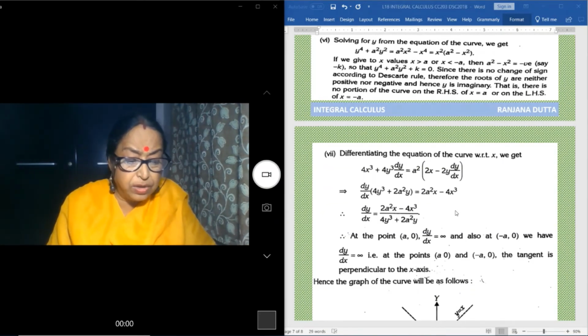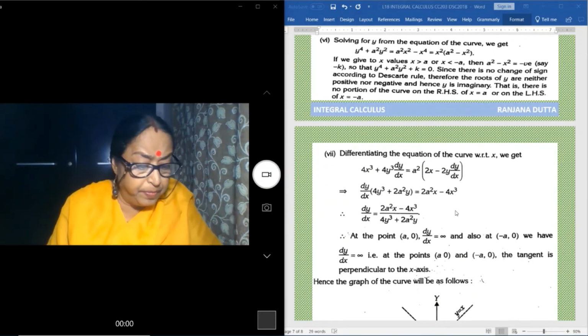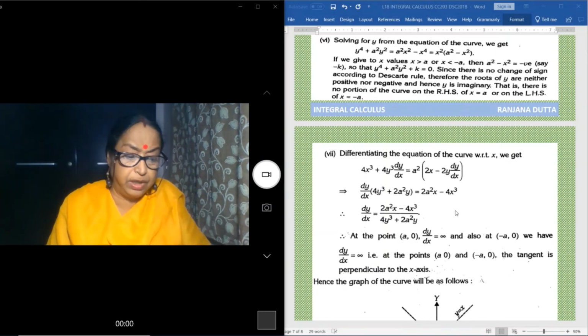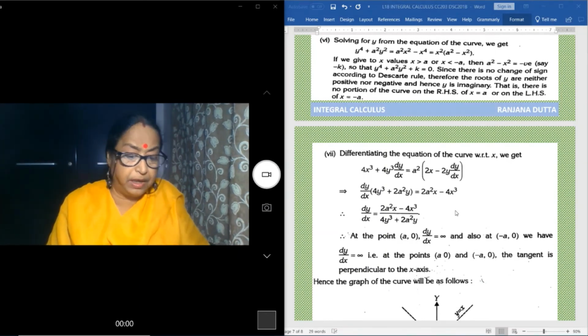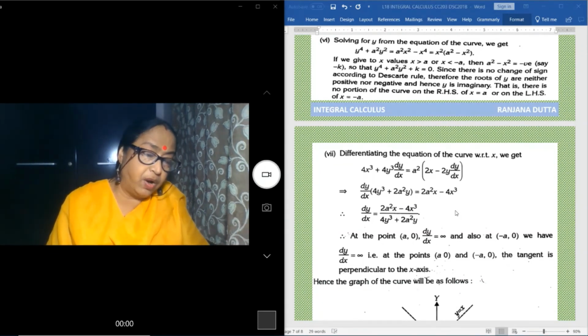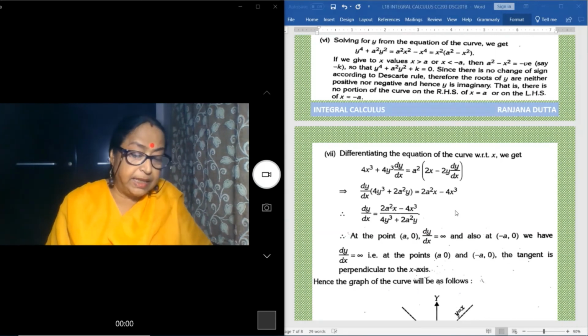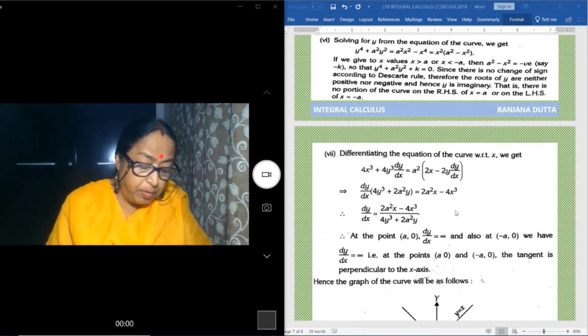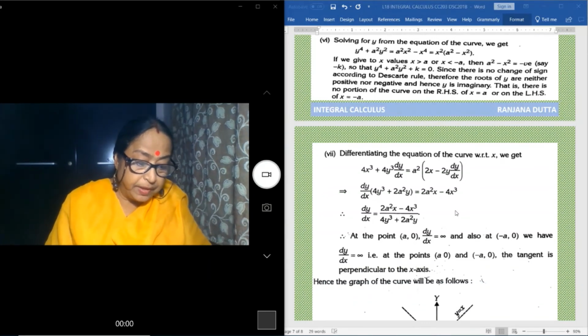We can also get the tangent at the origin by differentiating the equation and putting the value.